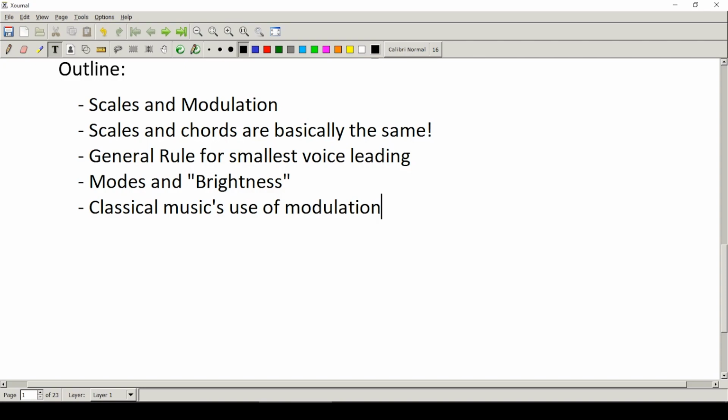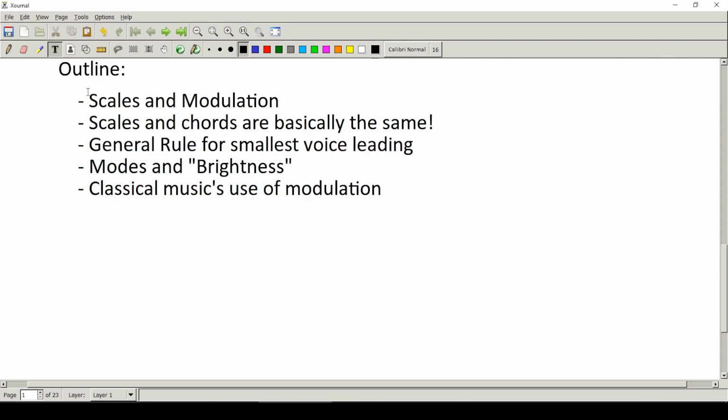In other words, I'm going to give you a kind of idiosyncratic and simplified approach to thinking about things like binary form and sonata form, if you have a little bit of background in classical music. And we'll talk about a couple of piano sonatas that demonstrate the main concepts. But we're only going to get there if we have a decent chunk of time at the end of the lecture to talk about it. Otherwise, we may have to save it for next time. So that's the agenda for today.